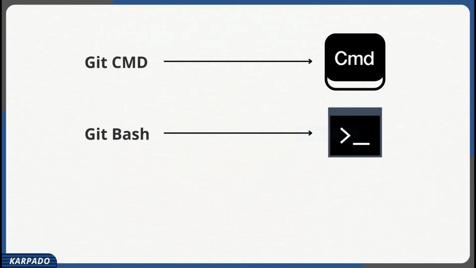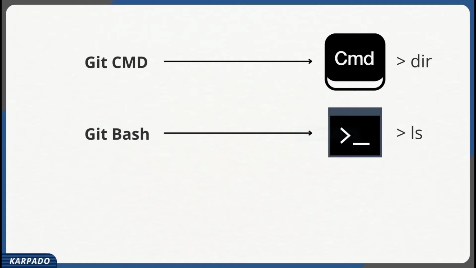So this will come in handy, especially if you're coming from a Linux background, where you're used to running Linux commands. And now let's say that you are working from Windows operating system. You don't have to take that additional learning curve to understand Windows commands in order to interact with Git. For example, in order to list all the files in a particular folder, inside the Windows command line, you use the command dir. Whereas in Linux, you use the ls command to list all the files.